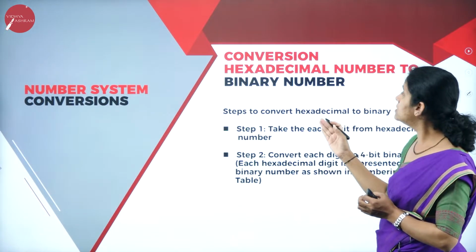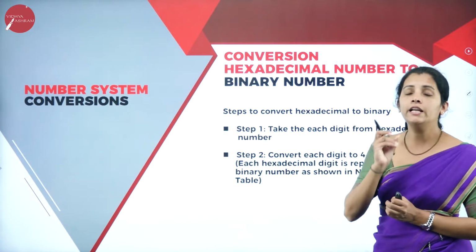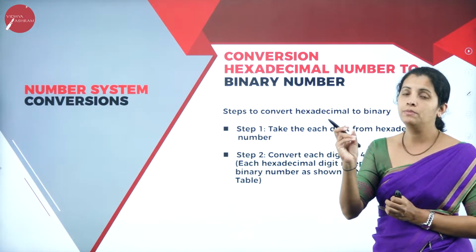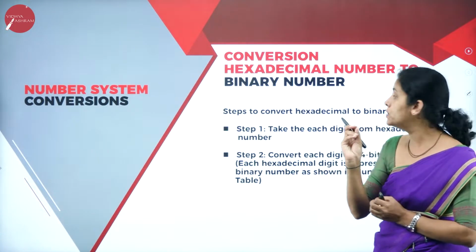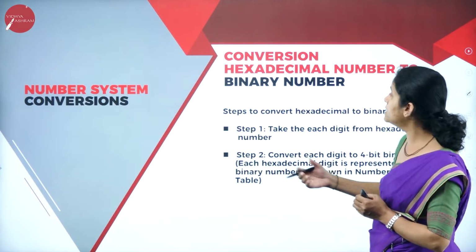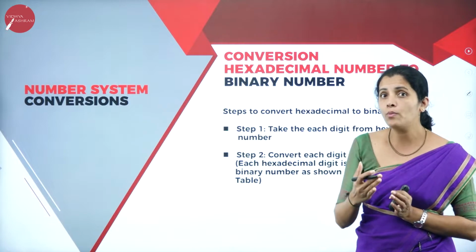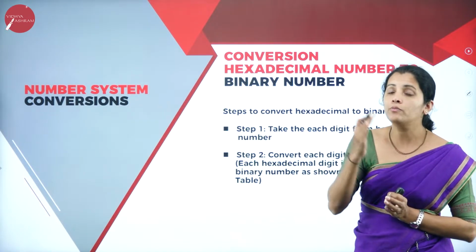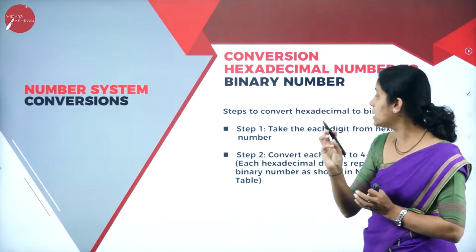So what is the first step? That is, take individual digits. That means during conversion, I want to consider individual digits from the hexadecimal number. Whatever the given number is, in the form of hexadecimal, from that I want to consider one individual digit at a time.